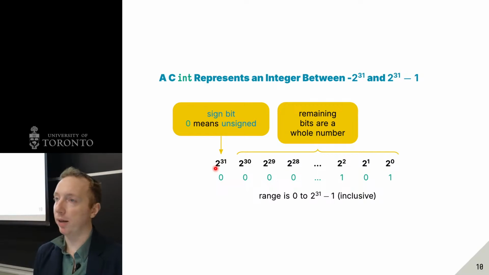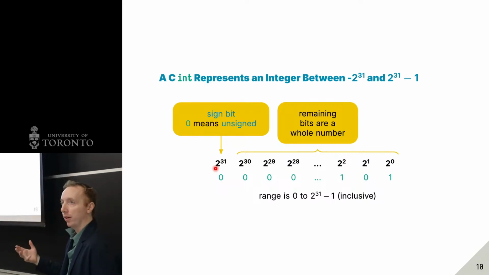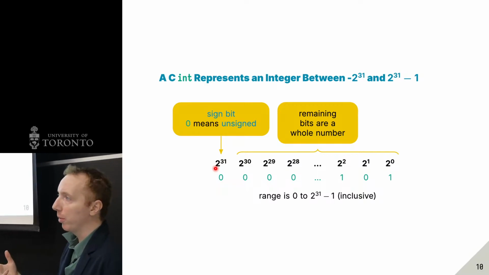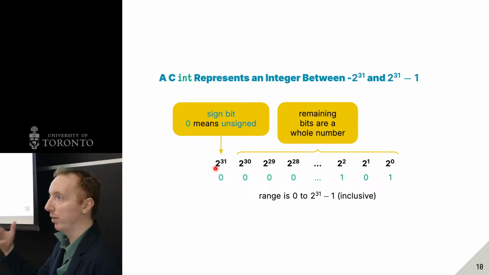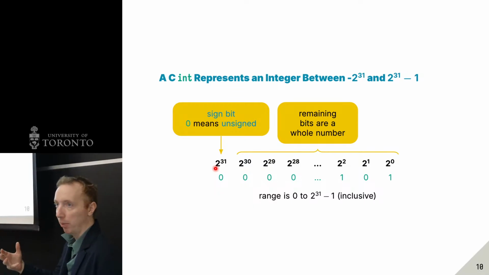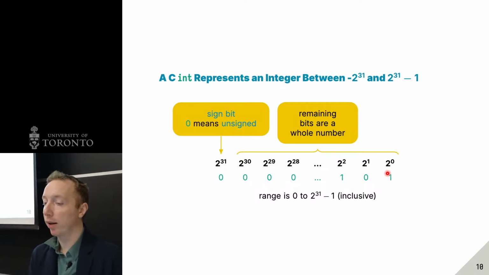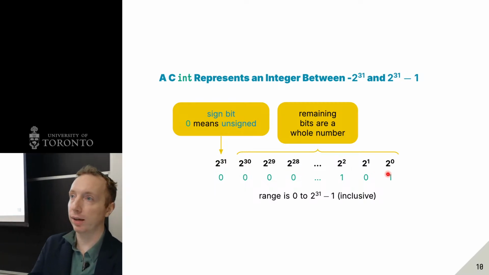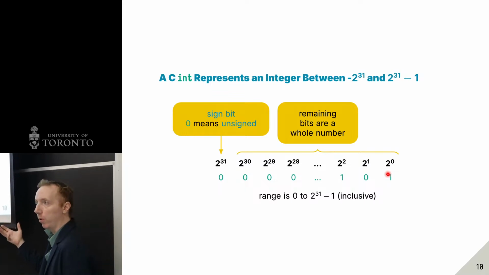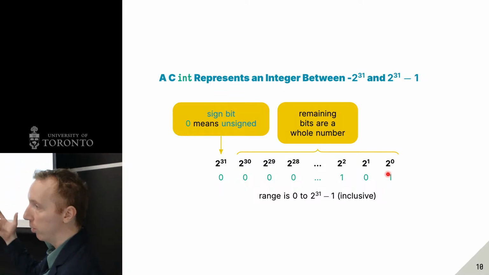So if this bit is 0, it means it's unsigned. In other words, it doesn't have a negative. It means it's a whole number, and the remaining bits represent that whole number, and they use the exact same number columns we saw before when we talked about whole numbers.